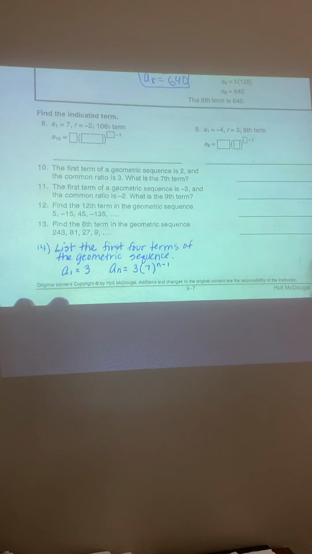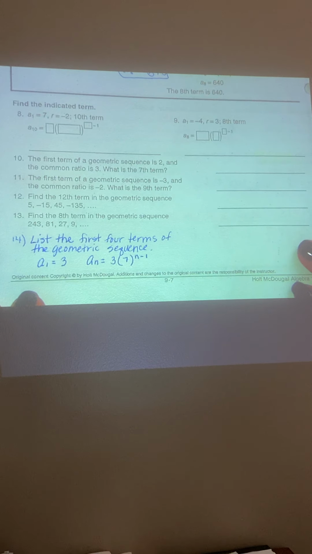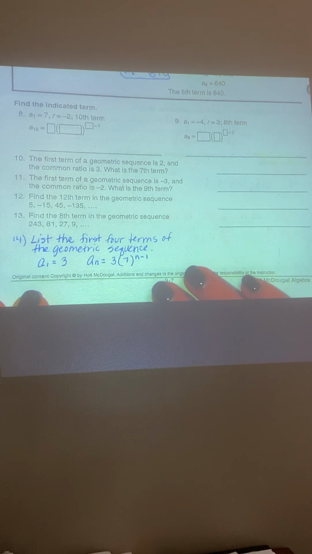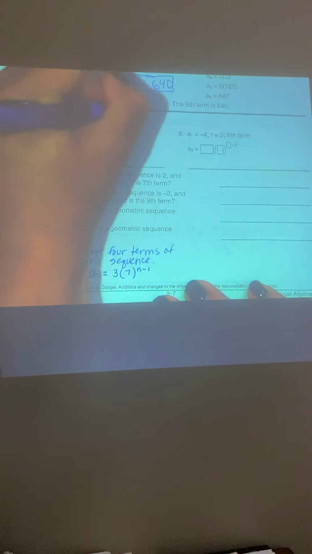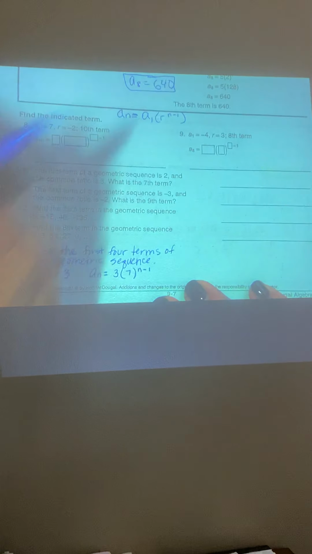The y to the x button is huge. Okay, let's rewrite the formula so we know it. a_n equals a_1 times r to the n minus 1.